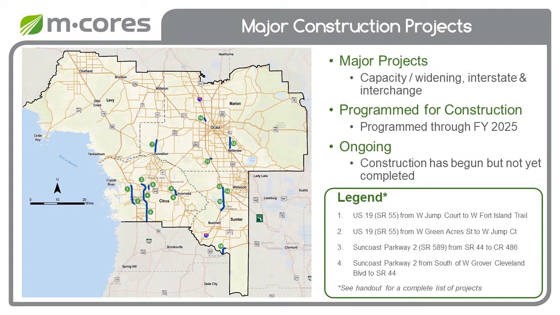These are either ongoing or planned to go to construction by fiscal year 2025. The MCORS program will coordinate assumptions and any plans with these construction projects. Some examples are shown in the legend, and the existing capacity projects handout has the full legend.